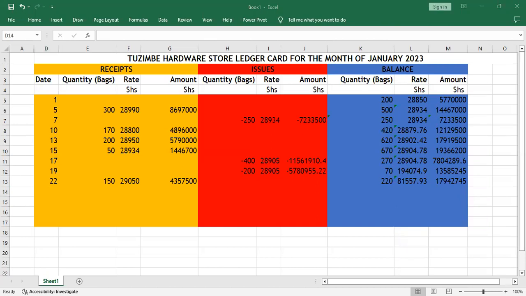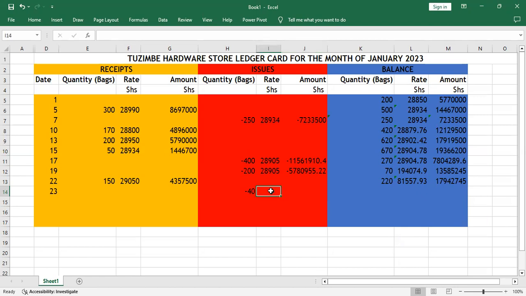This is on 23rd. You're returning how many bags? You're returning 40 bags. So you go to the columns of issues and say that our inventory is reducing by 40 bags. But how would we post these 40 bags?